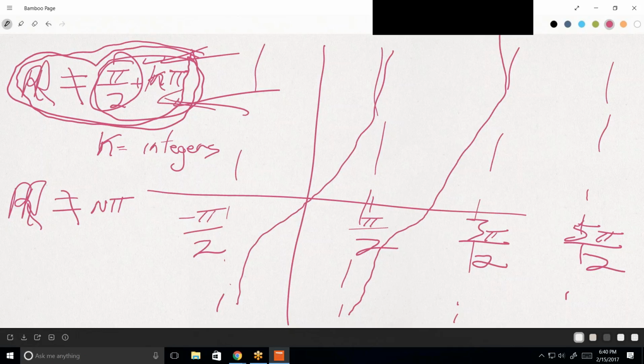So then for this graph, the range would just be negative infinity to infinity. Correct. In other words, the range for tangent is all real numbers, whereas the range for sine is -1 to 1. And the range for cosecant is greater than 1 or less than -1, but nothing in between.